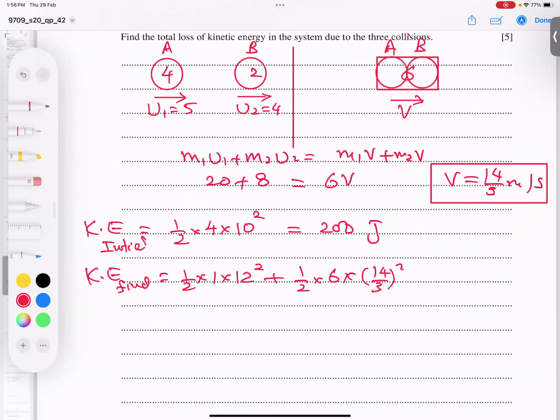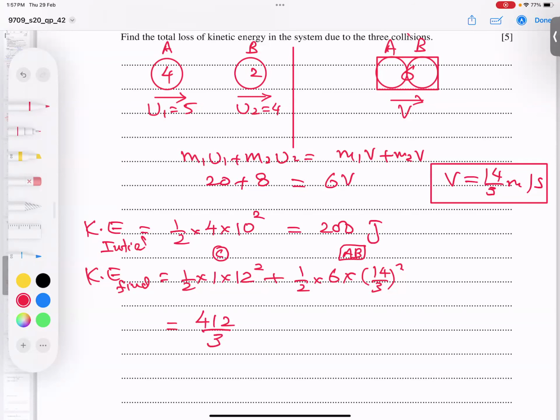I mean to say this is the C particle, and this is the A and B combined particle. If you check this in a calculator, hold on, I type in the calculator, half into 6 into (14/3) square, and this is coming 392/3.